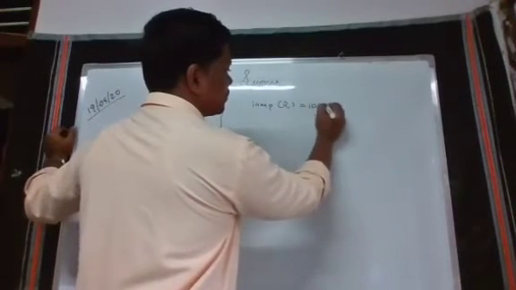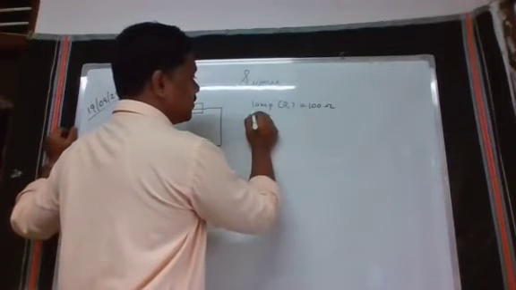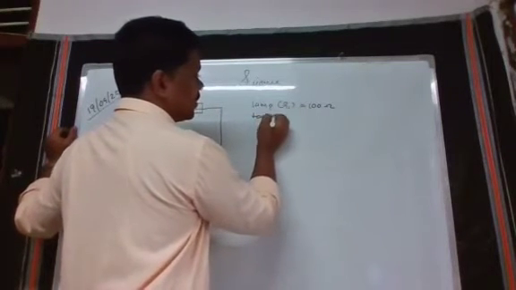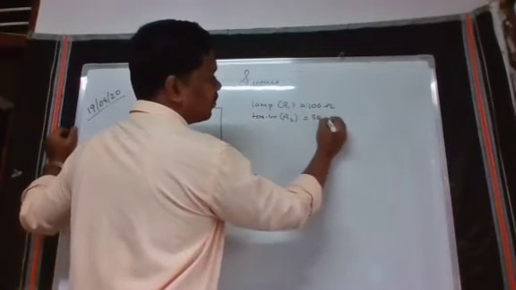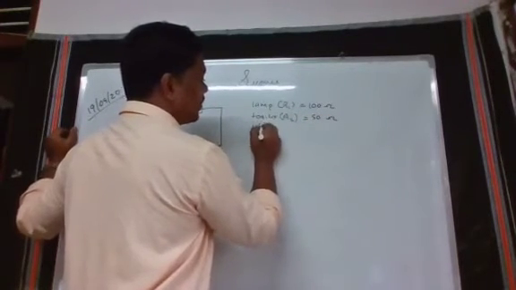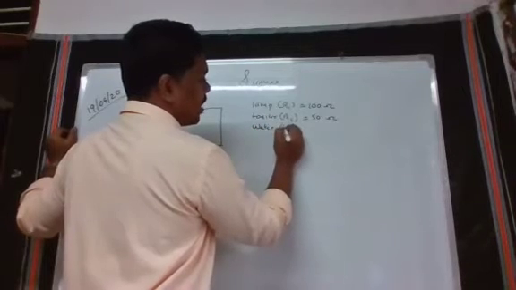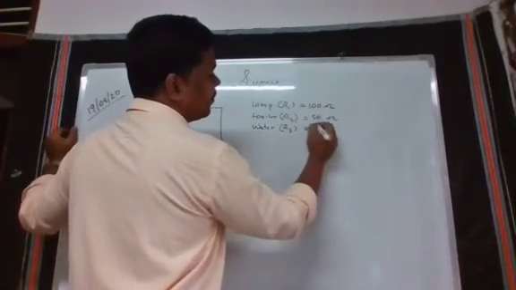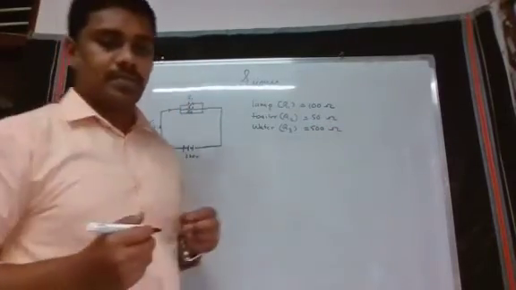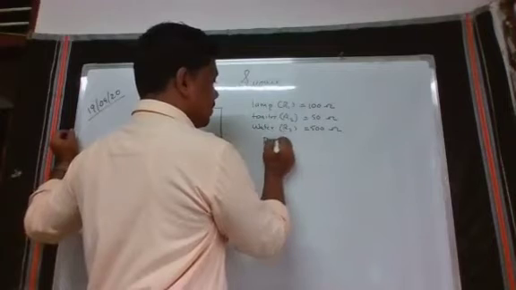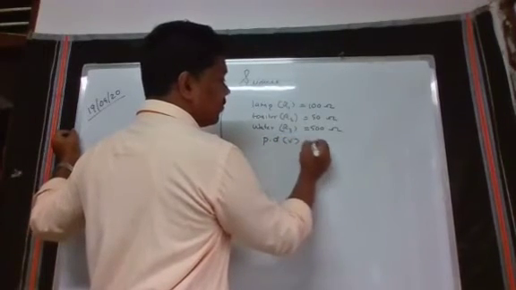Resistance of toaster, let it be R2. R2 is equal to 50 ohm. And resistance of water heater, R3 is equal to 500 ohm. And potential difference V is equal to 220 volt.